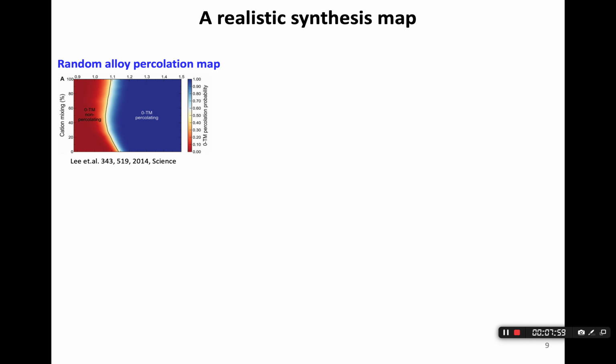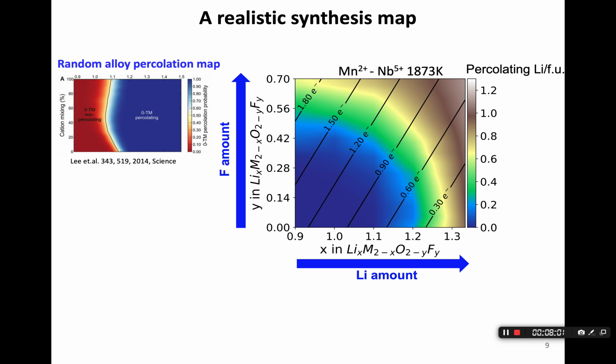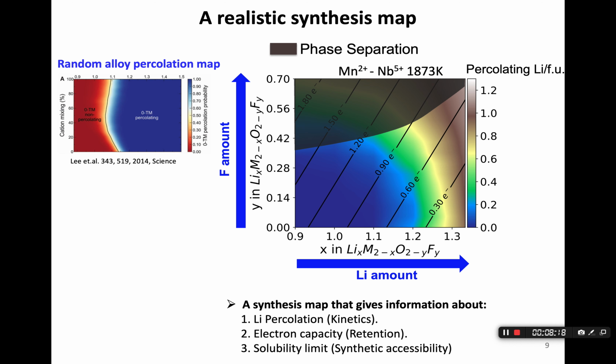So with this computational framework, we will be able to establish a percolation map for realistic compounds at realistic synthesis conditions. So here I give an example of manganese 2+ niobate 5+ systems. The first information you can get is at which condition you can make this material at a given temperature.